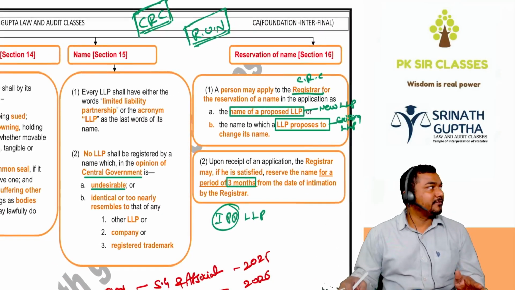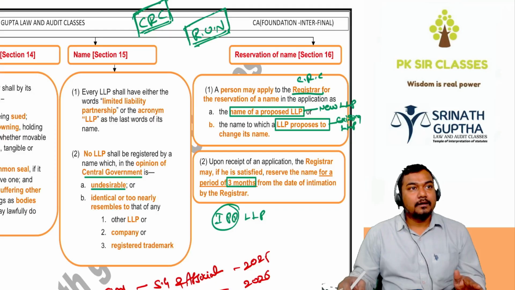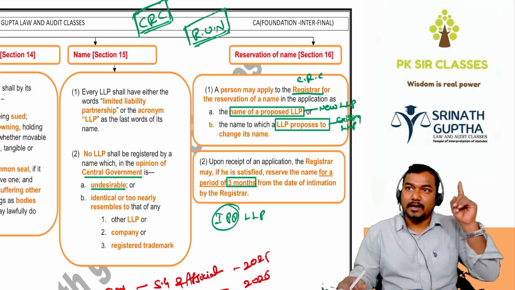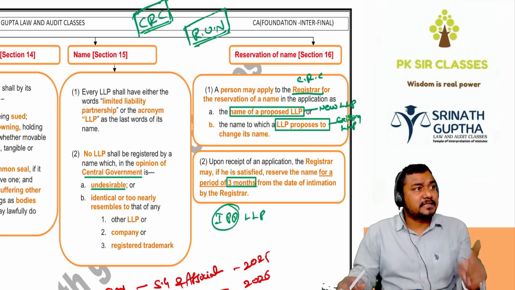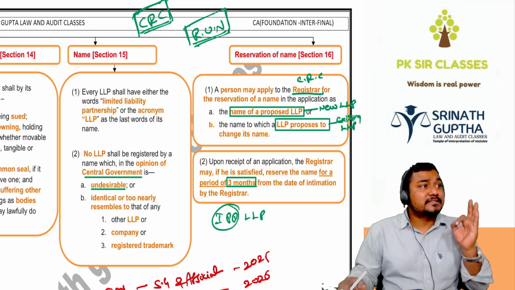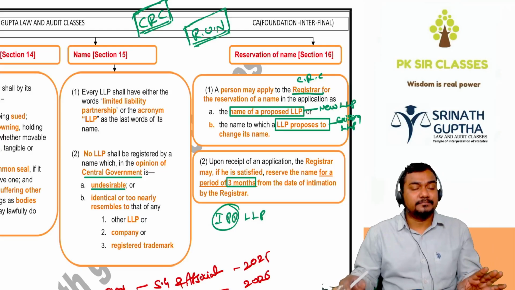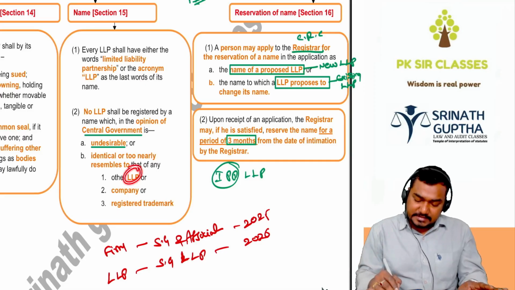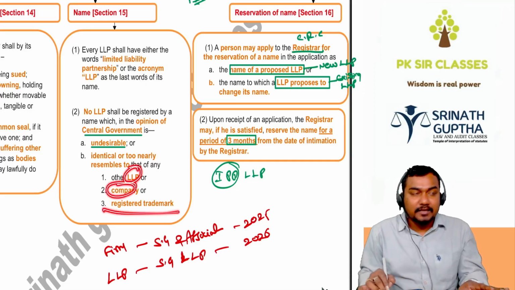Reservation of the name. क्या है बेटा? Reservation of the name. Every proposed partner has to make an application to the ROC. In the ROC, one department is there, beta, the Central Registration Center, for reservation of the unique name, because the name of the LLP should not be similar to the name of an existing LLP, company, or registered trademark.